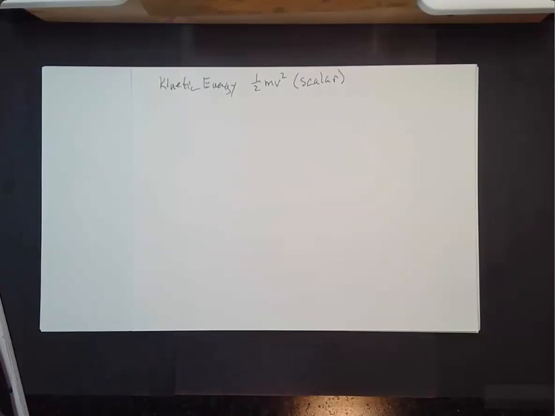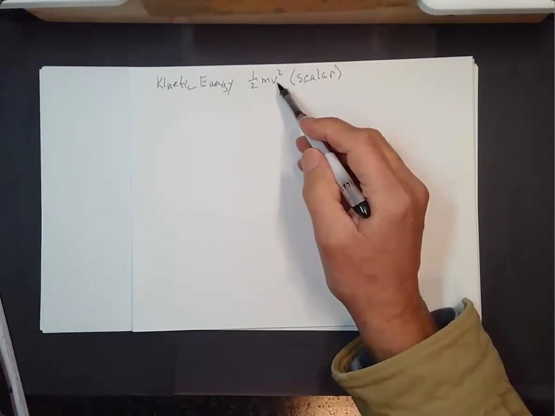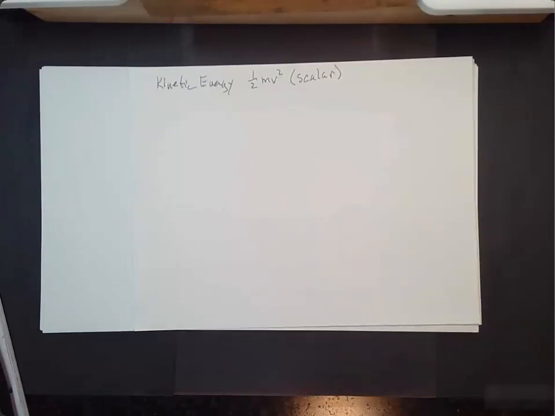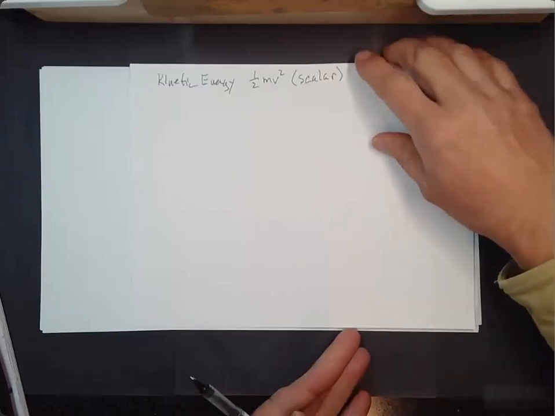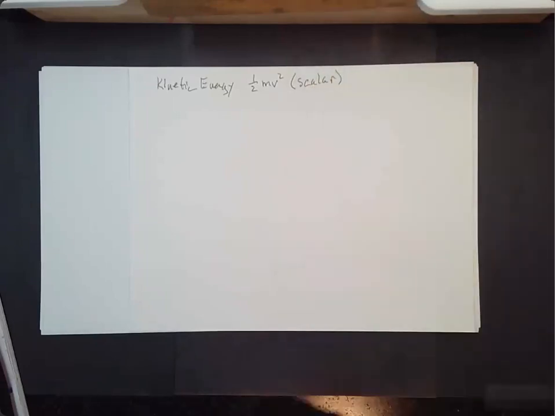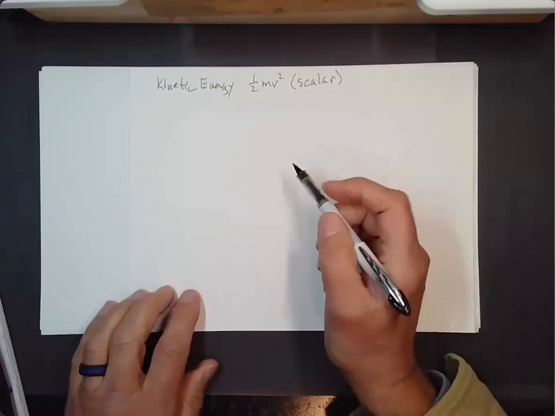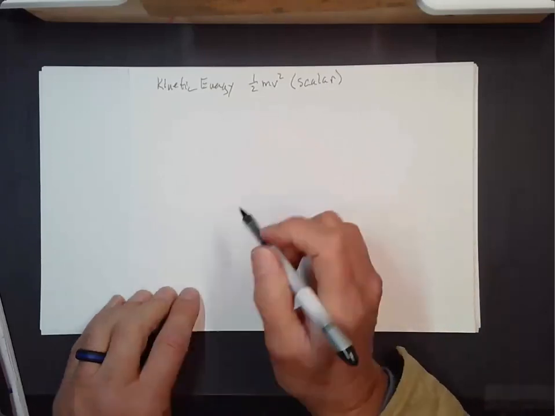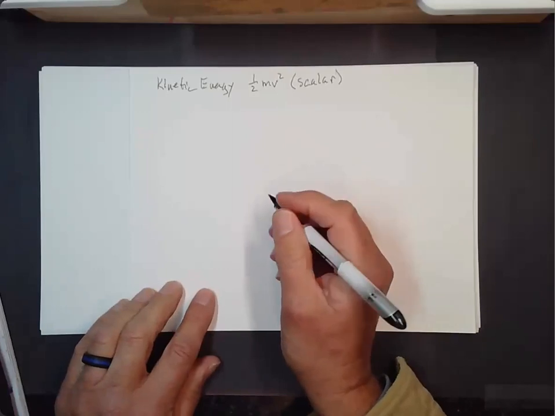Now, sometimes we'll use vectors to calculate those things, but the energy itself is going to be a scalar. Also, the v is the speed with respect to what? We're going to have some kind of a reference frame, and usually we'll just figure that the Earth is at rest, but we know that that's not actually the case. Anyway, that's the expression for kinetic energy.